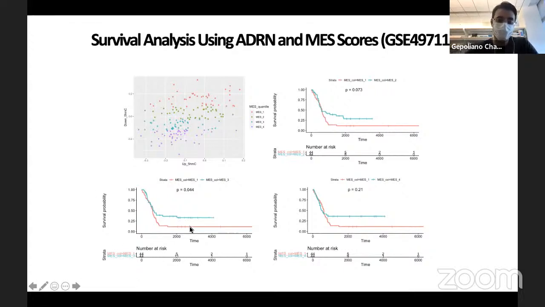But what our data suggests is that the mesenchymal scores, in fact, have a good association with low survival probability.